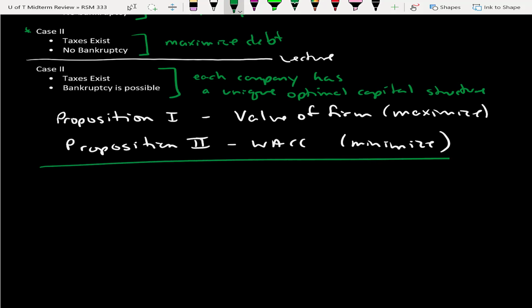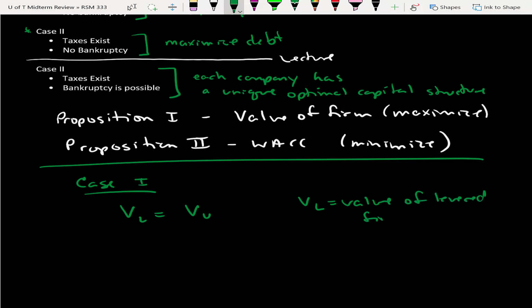The basic formula, let's do it this way. So case 1, the value of a levered firm is equal to the value of an unlevered firm. So a levered firm is a firm with any debt, even $1. An unlevered firm is no debt.